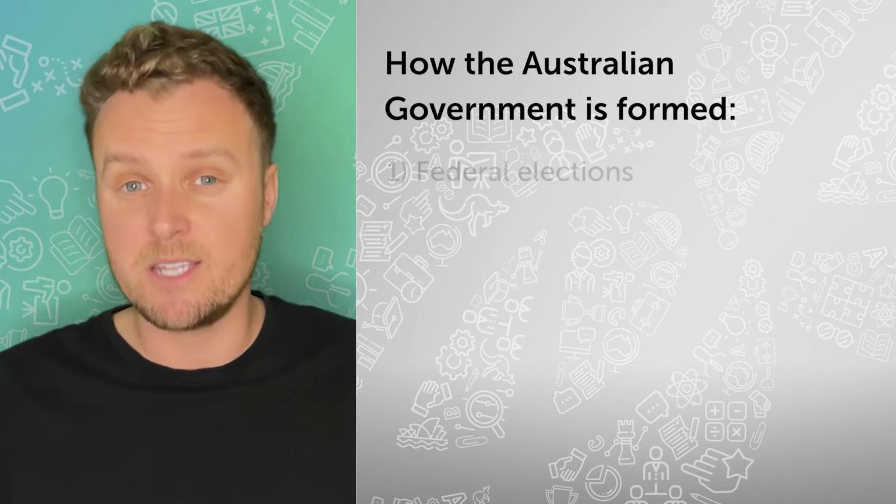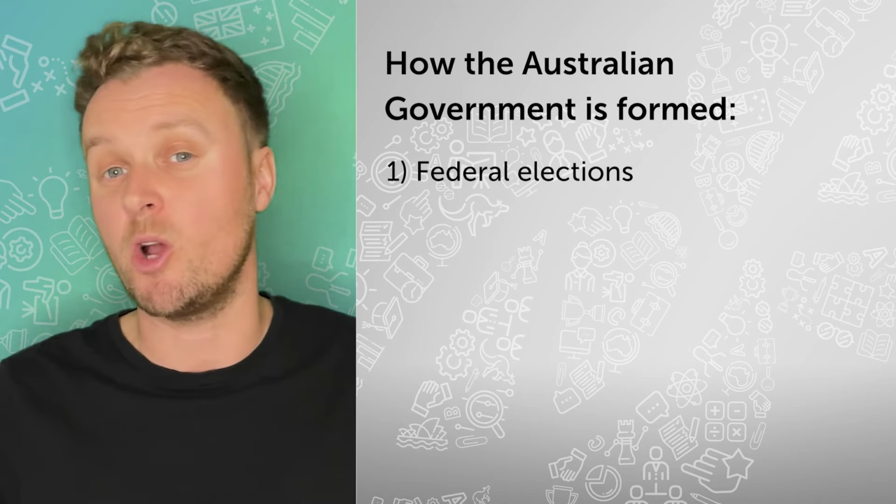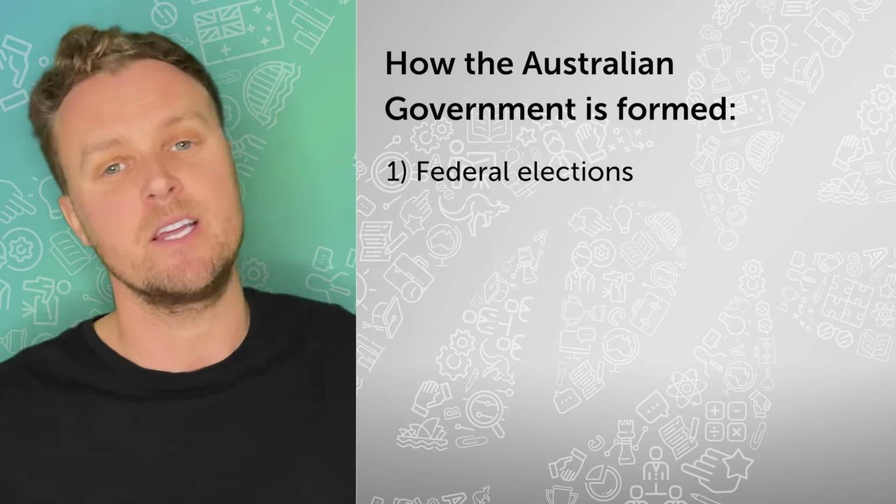Next thing for us to discuss is how the Australian government is formed, which basically happens every time we have a new Prime Minister. This process starts with federal elections, which is when all people in Australia go to vote to choose their representatives.